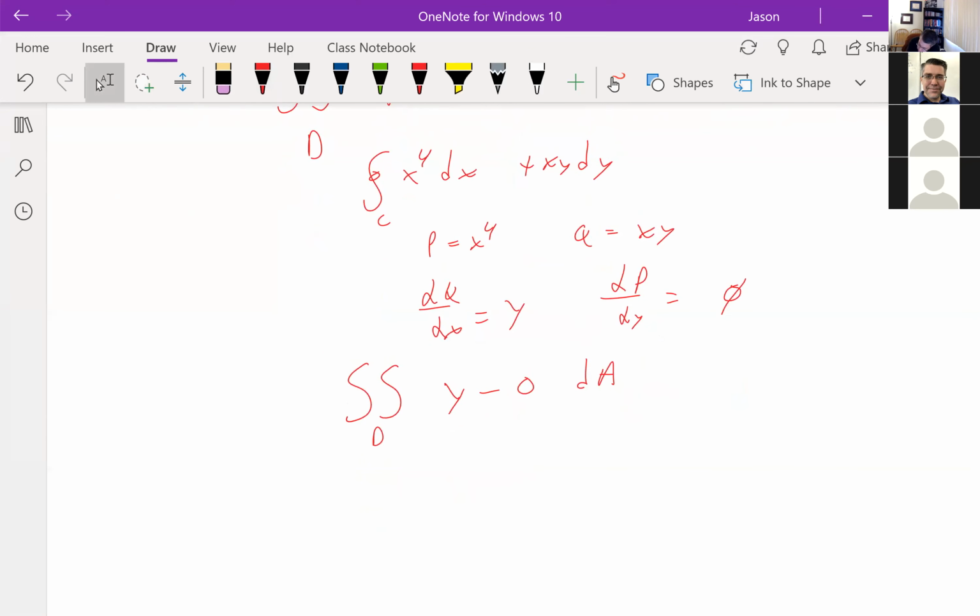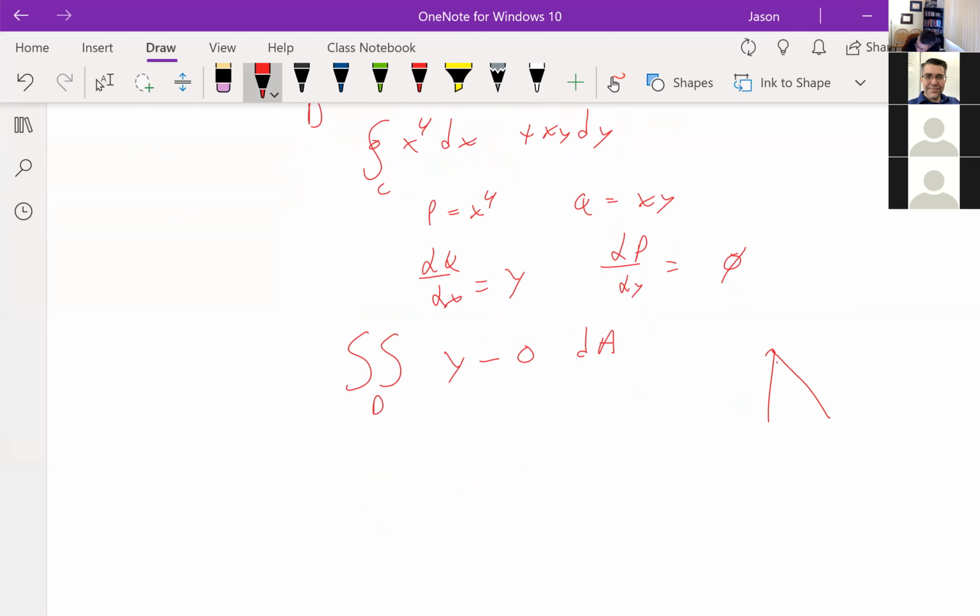Well, what is dA in this case? It's just this triangle, right? We've got y there, so let's do dy dx. We want this double integral, so we want to know what y goes from and then what x goes from.